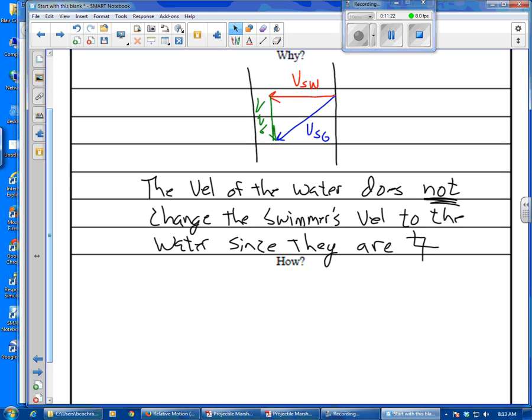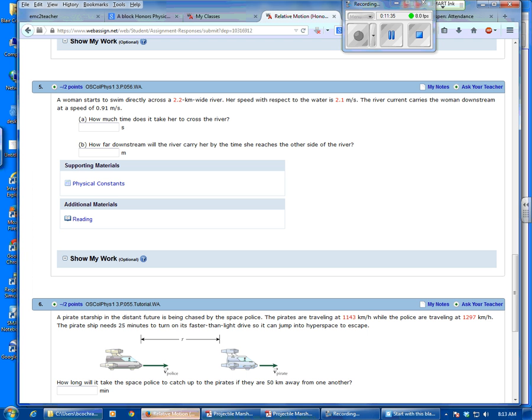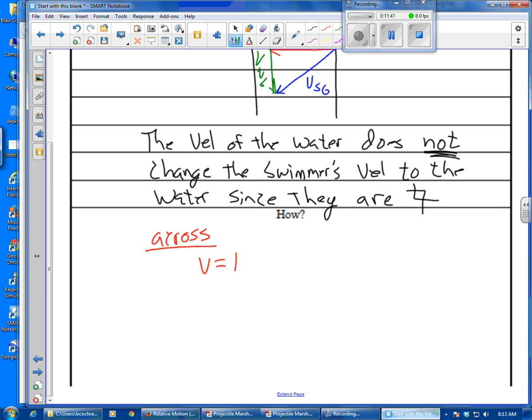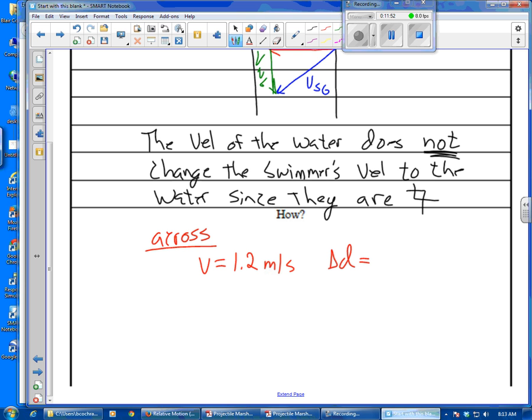I'd first look at the across definition, and across, her speed is 1.2 meters per second. The distance that she travels, the delta D, is 2,200 meters.